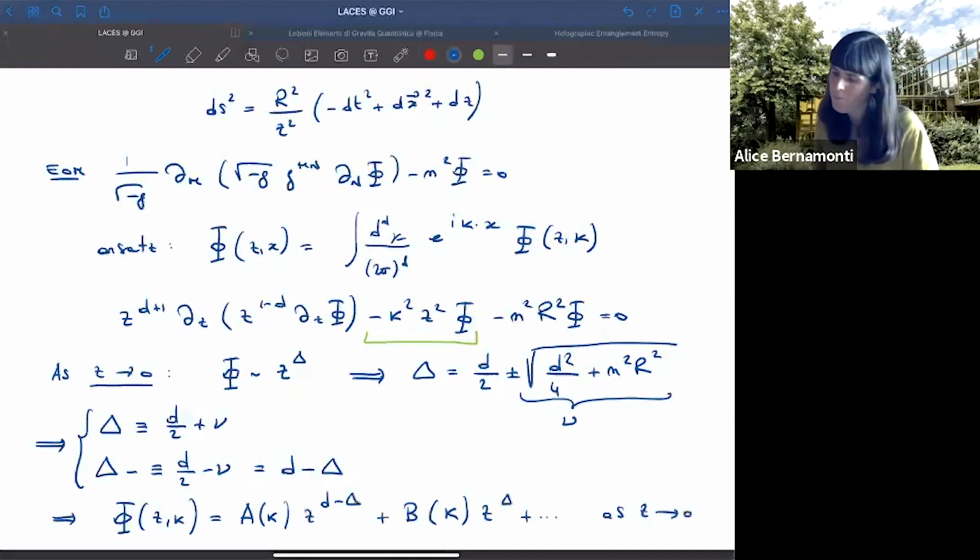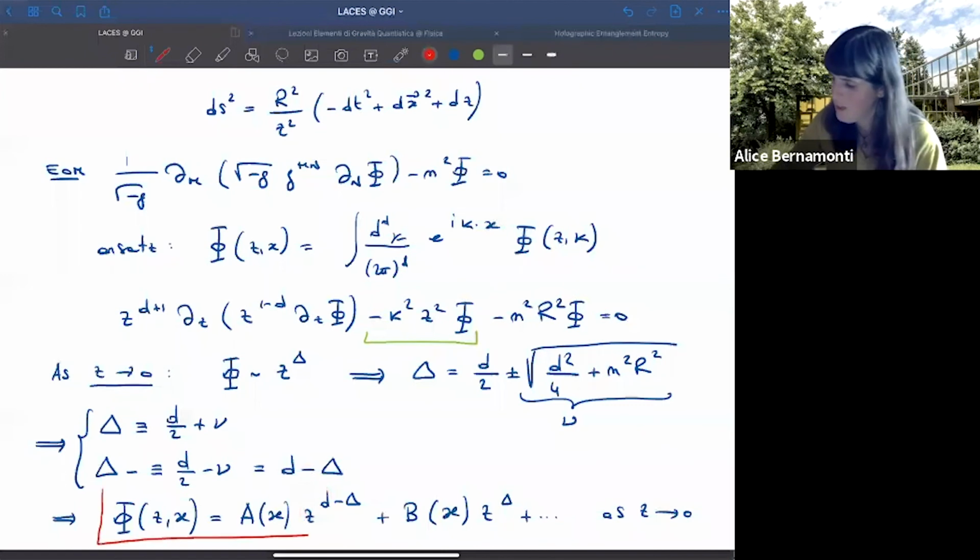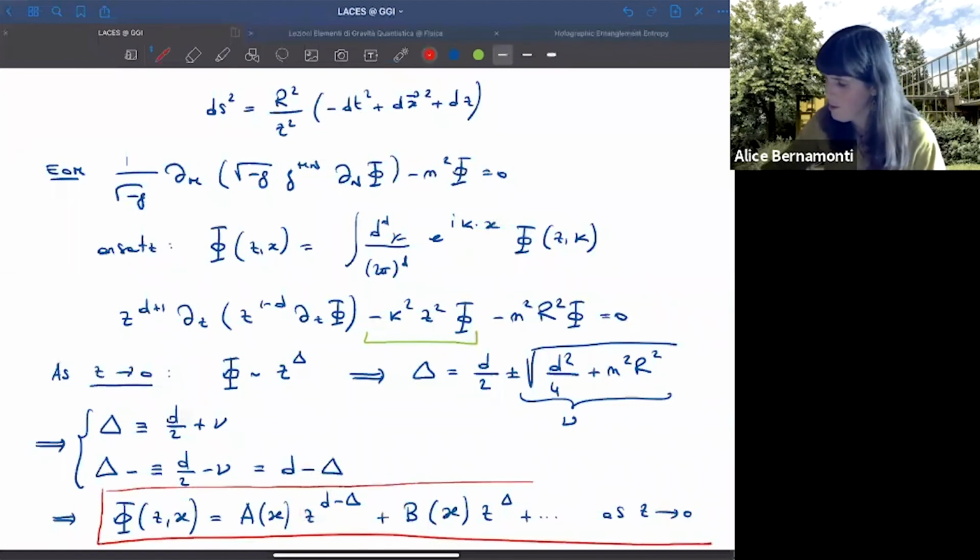And in particular, notice that this is the dominant term close to the boundary, and that this power law behavior is subleading. And equivalently, in coordinate space, we can write the same type of expansion, so let's just Fourier transform. And so this is the behavior of the scalar bulk field close to the boundary.